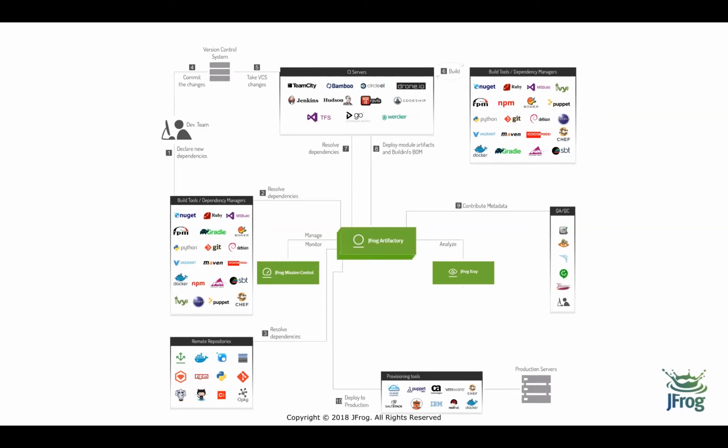Those same tools would turn around and retrieve those artifacts from Artifactory along with all the final build, and in addition, you can see that the entire quality process has been validated before the final product gets deployed into the production environment.